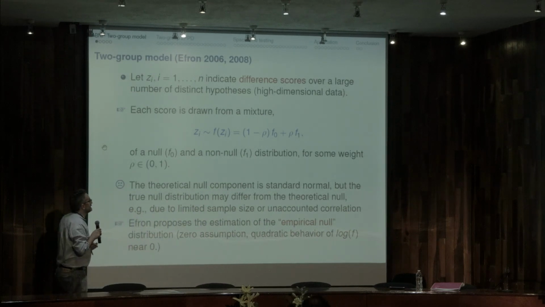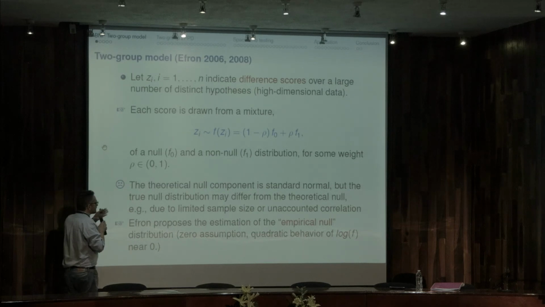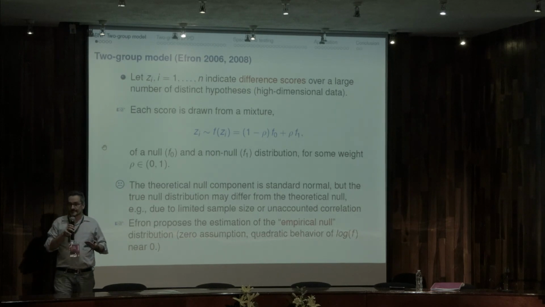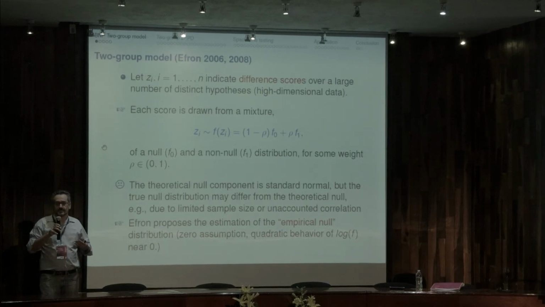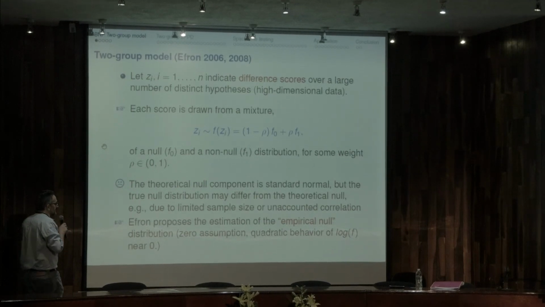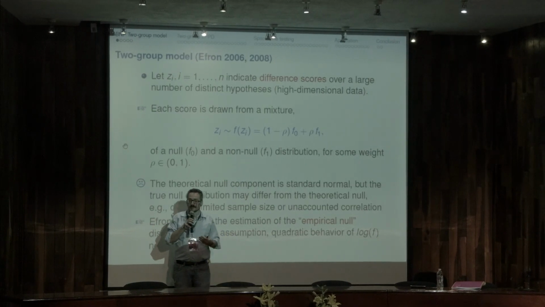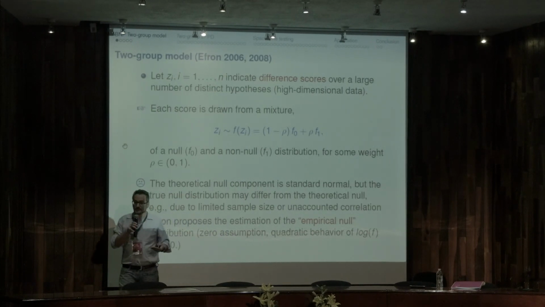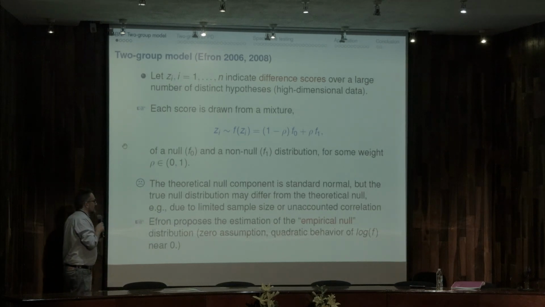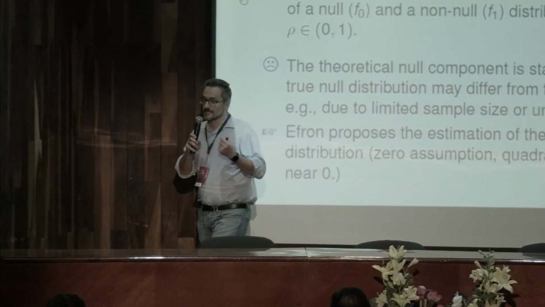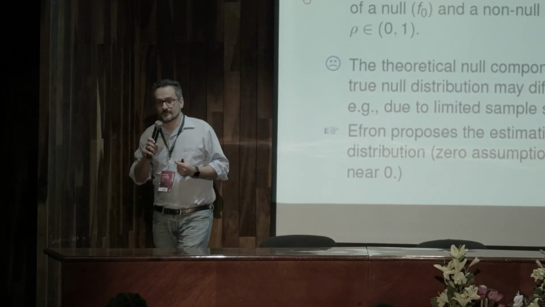In reality, the true null distribution may differ from the theoretical null, and that may happen for many different reasons. In particular, the limited sample size or the fact that we do not account for some correlation that should be accounted for in the modeling framework. So Efron's solution is to estimate what he calls an empirical null distribution.